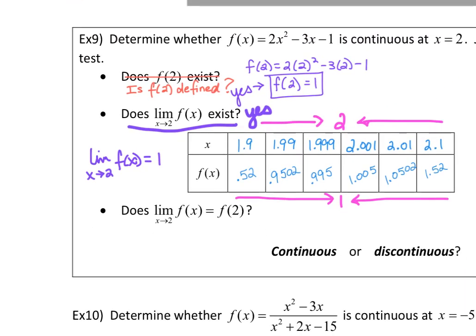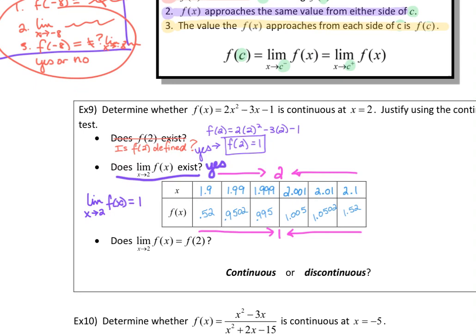And then last but not least, if the first step of the continuity test is to see if the function is defined and what's the function value, and the second step is to see if the limit exists and what the limit equals, then the third step says, if both of those answers are yes, are the answers equal to each other?